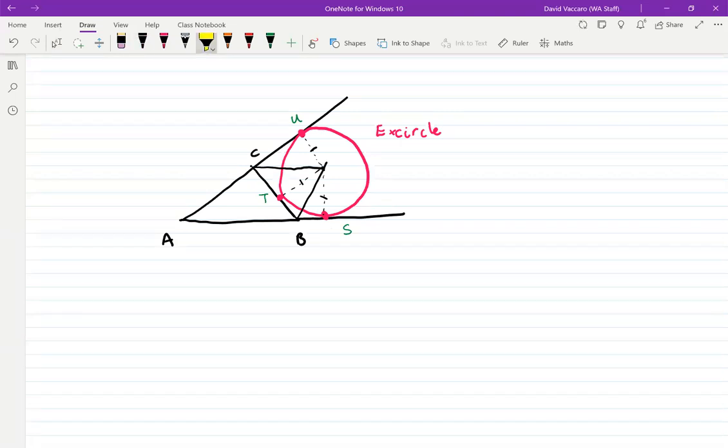So the first thing I can say is that SB is equal to BT because they are tangents from the same point.